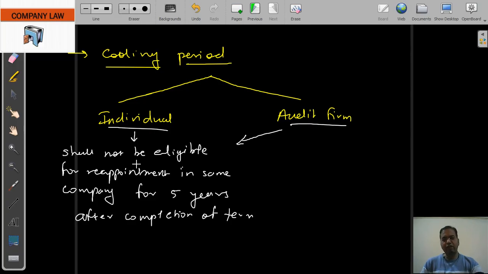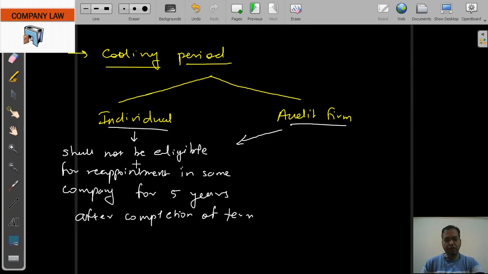I can just give you an example. Let's assume that there is an audit firm ABC having 2 partners, A and B, and B is also a partner of another audit firm, let's say XYZ. Now ABC is appointed as the auditors in the company, let's assume in Reliance Industries, for 2 consecutive periods of 5 years.